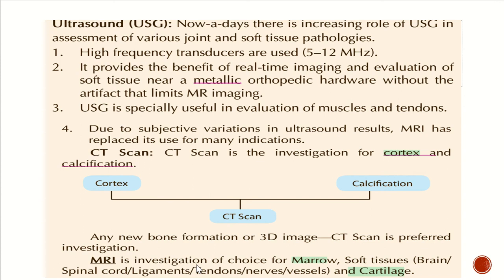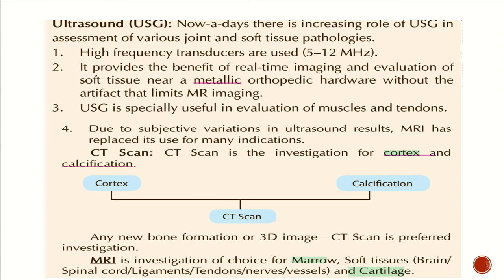And MRI is the investigation of choice for marrow and soft tissue like brain, spinal cord, ligaments, tendons, vessels, and cartilage. Mostly marrow, cartilage, and soft tissues.